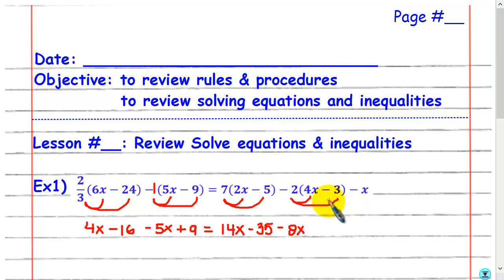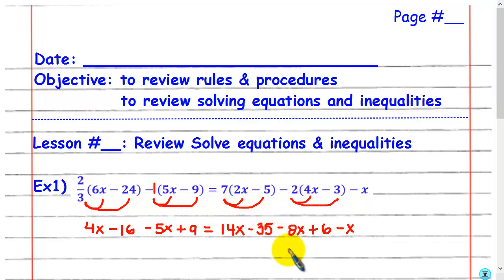And negative 2 times negative 3 is positive 6. And we're just going to bring down the negative x. Notice here that I do not multiply 2 times negative x because the negative x is outside the parentheses. Alright, so first order of business was to get rid of the parentheses by multiplying.